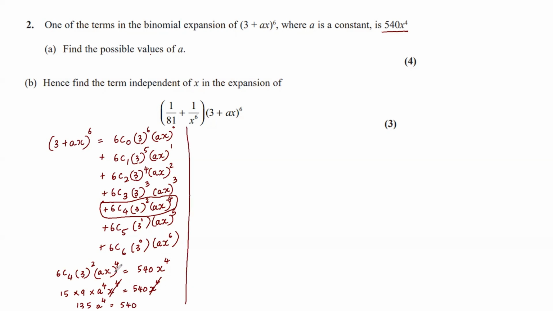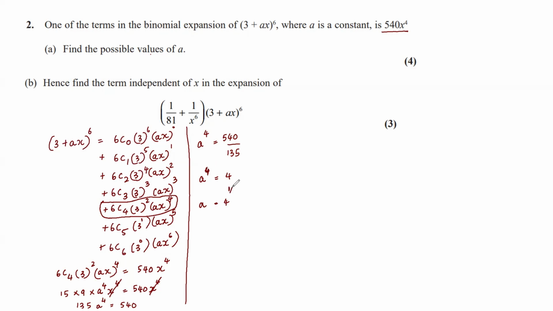135a^4 equals 540. Therefore, we can find out what a is. a^4 equals 540 divided by 135. That is 4. a^4 is 4. So a will be 4 to the power of, you're changing the side of the power, this 4 goes to the other side.